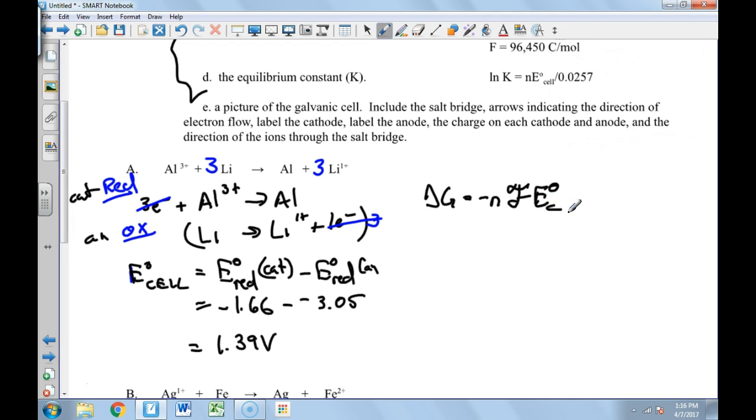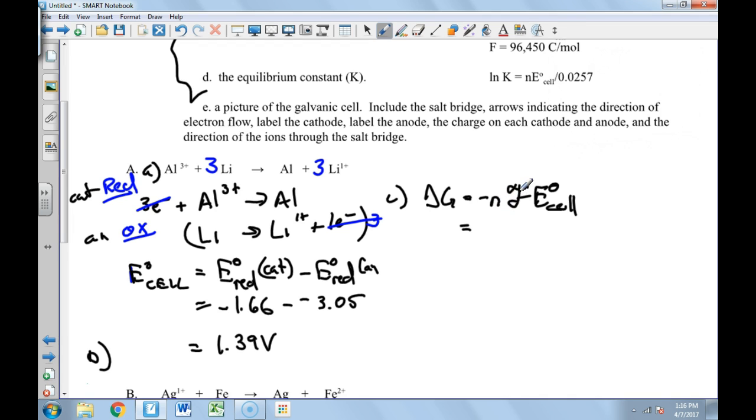So delta G we don't know, so this is for part C. This is B, this is A. So for part C now, n is the number of electrons that have been transferred.